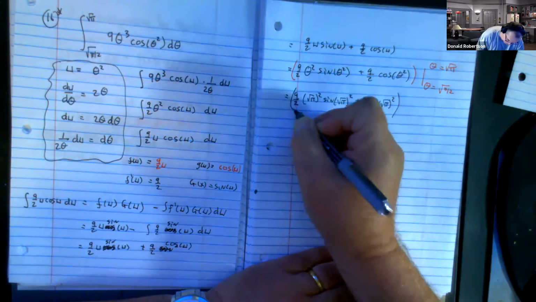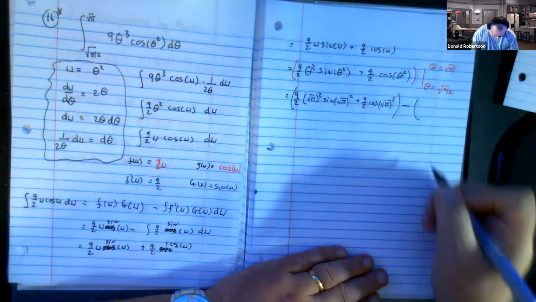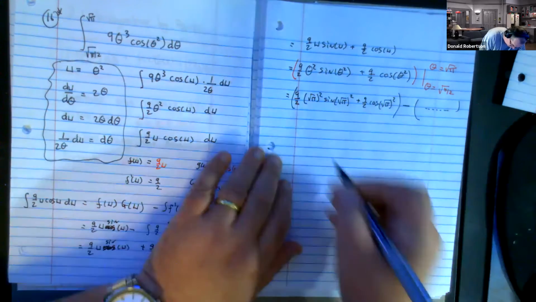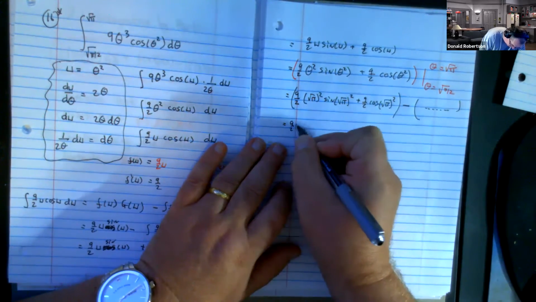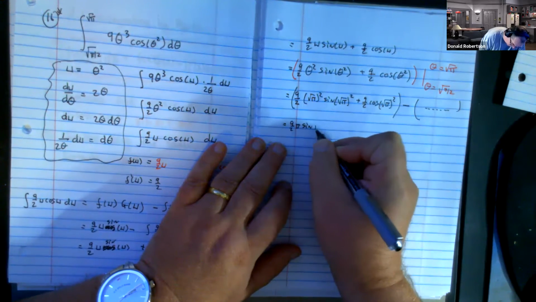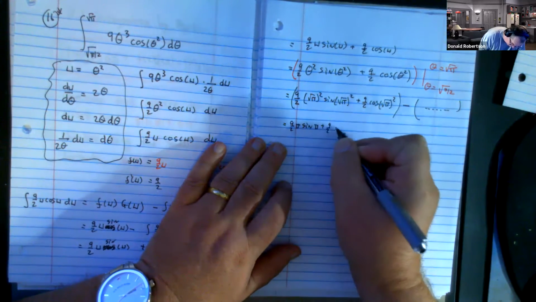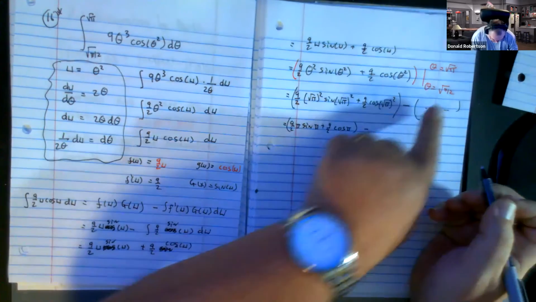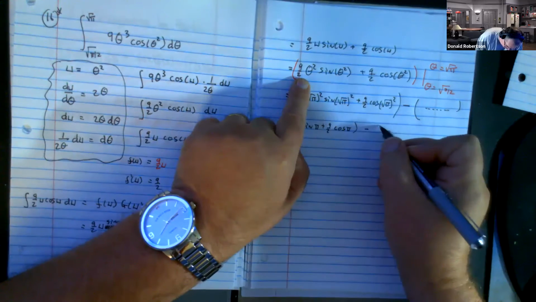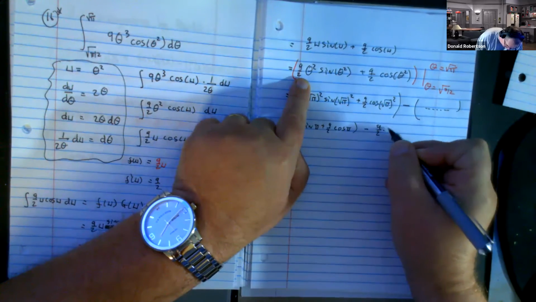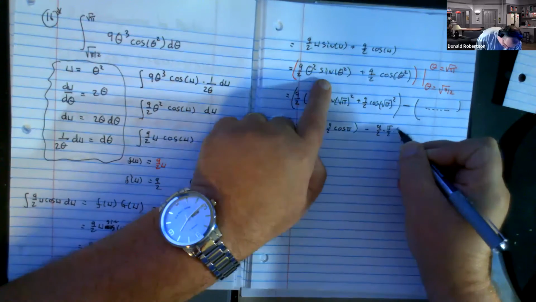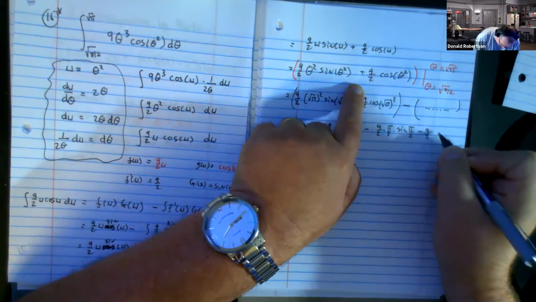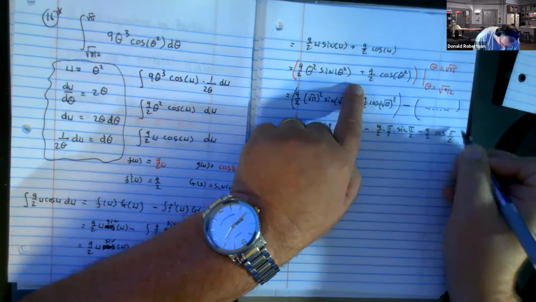Take away all of that with pi upon 2, so I'm just doing that for speed. So that becomes 9 upon 2 pi, the sine of pi, plus 9 upon 2 cosine pi. And when you plug in square root of pi upon 2 here, you get minus 9 upon 2 pi over 2, sine of pi upon 2. You get take away 9 upon 2, the cosine of pi upon 2.